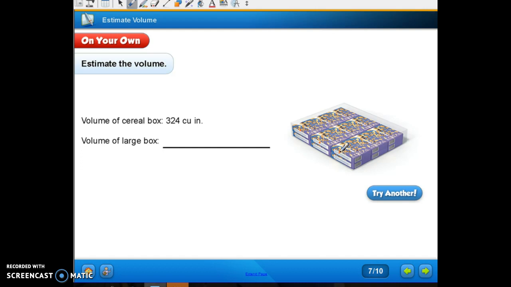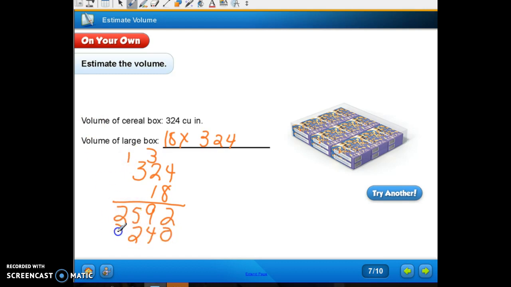So how many in 2 layers? 18. 18 times 324. 5,832 cubic inches. All right.